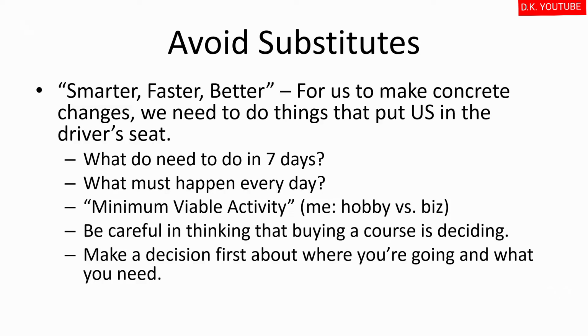That should not be that we're just trying to make more money or we're trying to make another $2,000. We should have a pretty square goal in mind in how we're doing that. And we need to have an idea of what should be happening every day and some kind of minimum viable activity. So what is it that we can do or we cannot leave the day without doing in order to accomplish that goal? And that's where we kind of brought in the concepts in the book Smarter, Faster, Better.